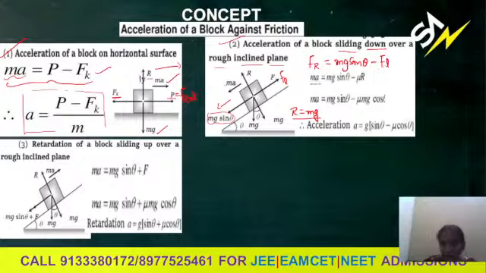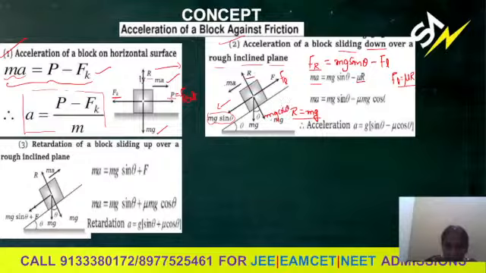So the next step, resultant force means mass into acceleration, is equal to mg sin theta minus FL. FL is always equal to mu into R. Sorry, R should be mg cos theta, because it is adjacent to the angle.